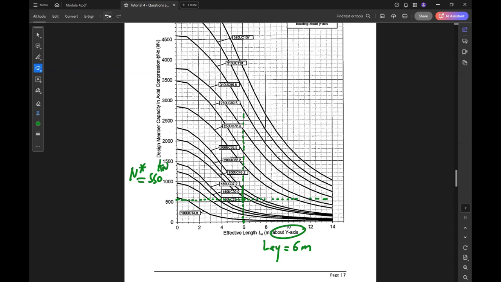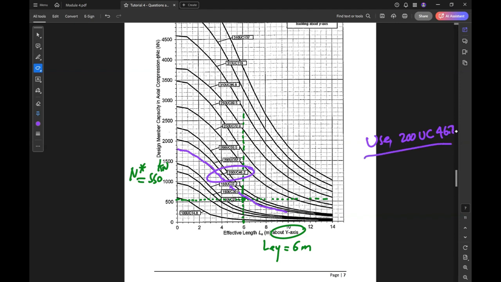So here is this one, which is close to this curve. So from this one, we will use 200 UC 46.2.